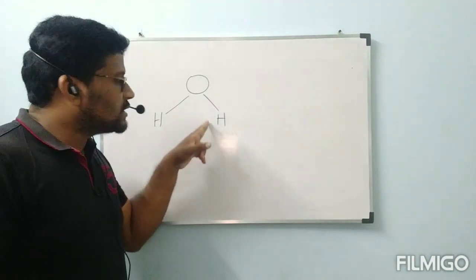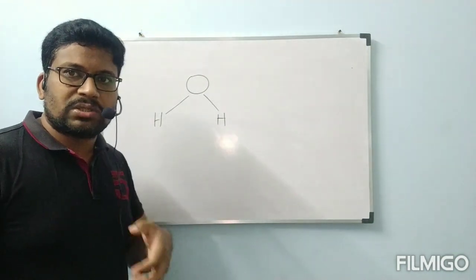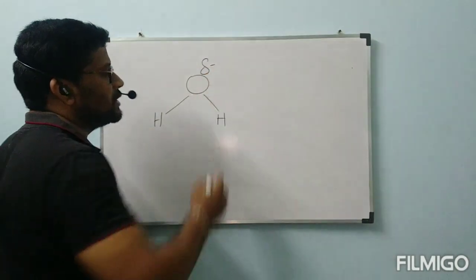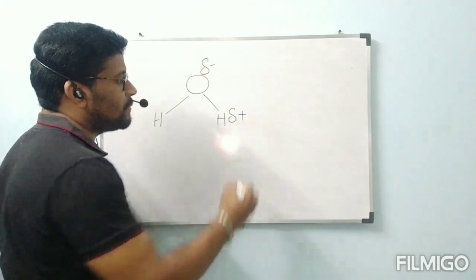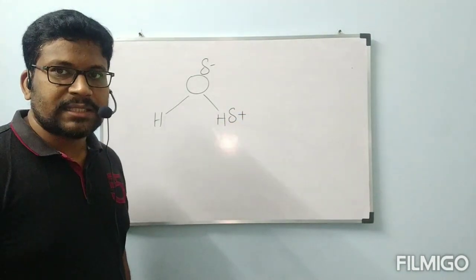Then between oxygen and hydrogen, which is highly electronegative? Oxygen, it will pull the electrons towards itself. Because of that, it is getting partial negative charge, and hydrogen is getting partial positive charge.